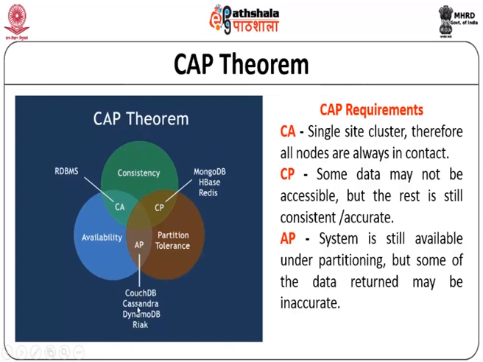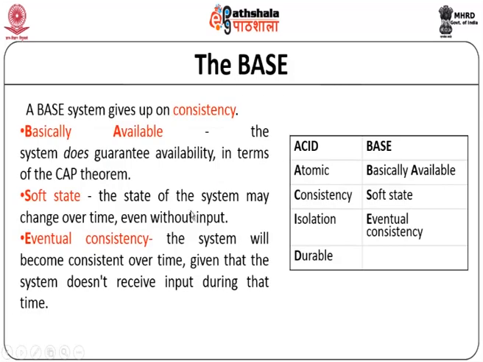Other NoSQL databases like CouchDB, Cassandra, DynamoDB and Riak are associated with availability and partitioning. So, this diagram indicates various types of CAP requirements and the type of NoSQL databases that satisfy these CAP requirements.